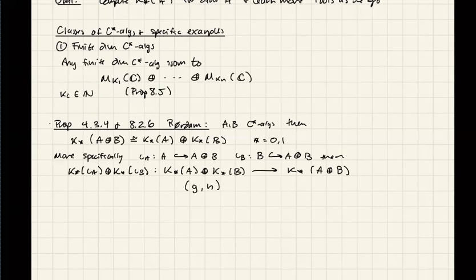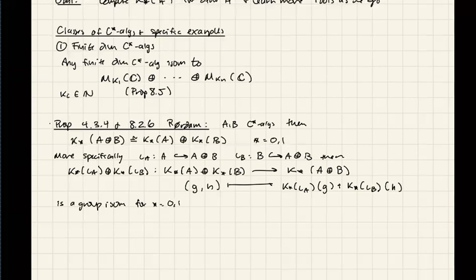Then what this gets mapped to is the induced map of the inclusion of A acting on g, and likewise the inclusion of B acting on h. I'm just going to add those two together. And this is a group isomorphism for star equals 0 or 1.